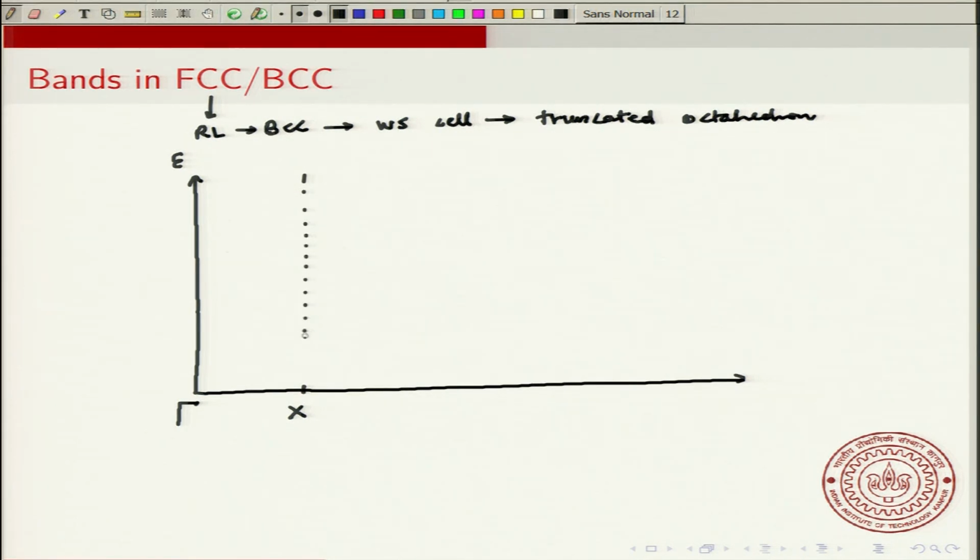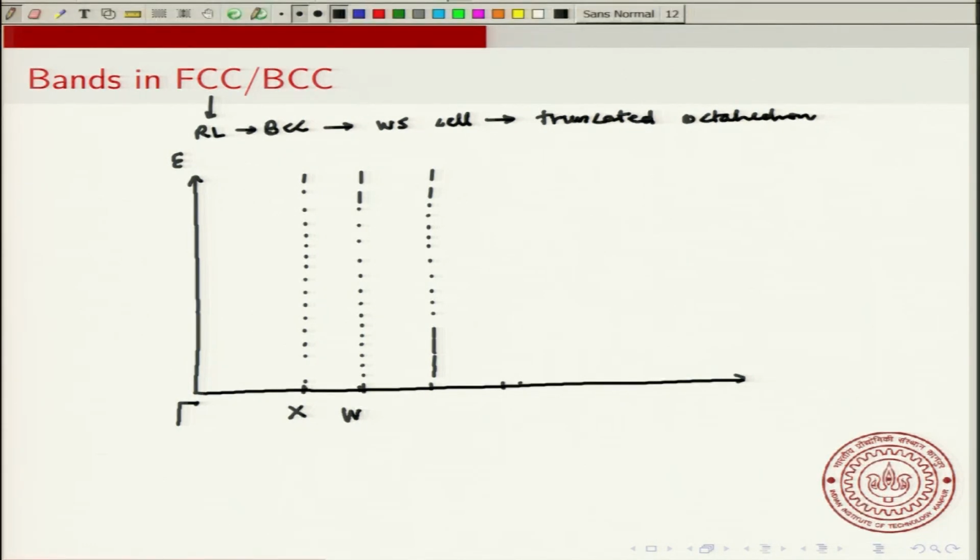dashed line here. Then from X you go to W, and then to L. You just go along straight line paths. Notice that from gamma to W is not a straight line path.